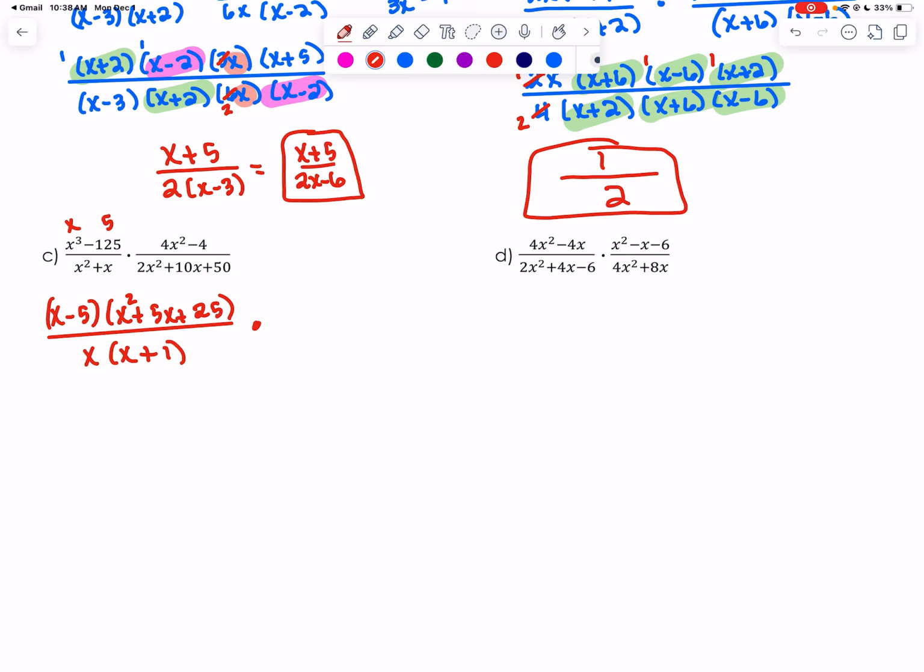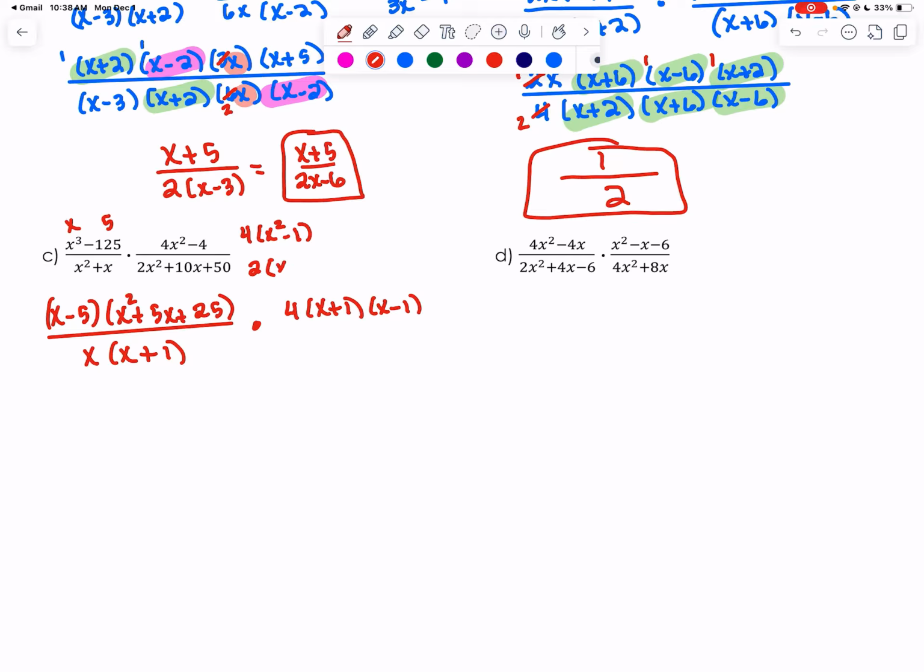Now, we have to be careful on this next expression, 4x squared minus 4, because there is a common factor of 4, which would leave me 4 parenthesis x squared minus 1, which is now a difference of 2 squares. So this would be 4 parenthesis x plus 1, x minus 1. On the bottom, we have a common factor of 2.